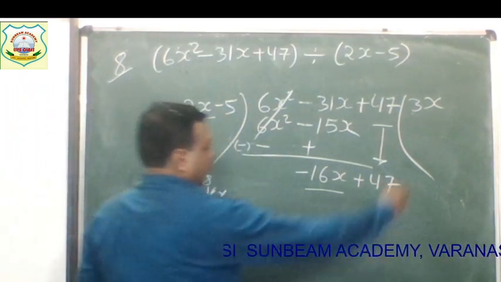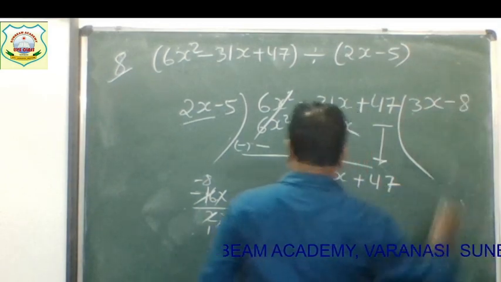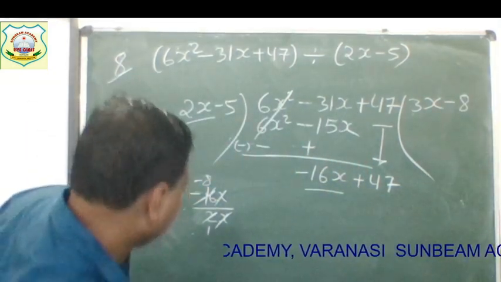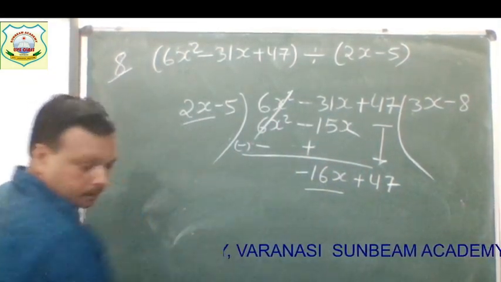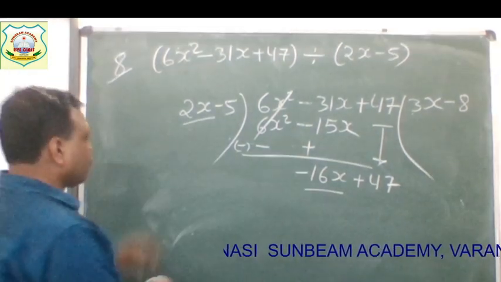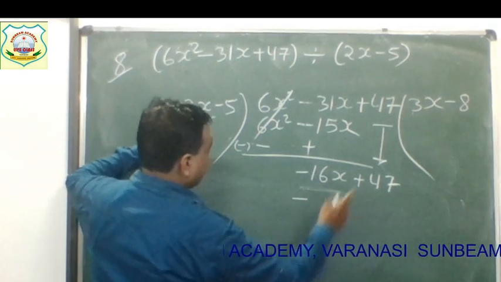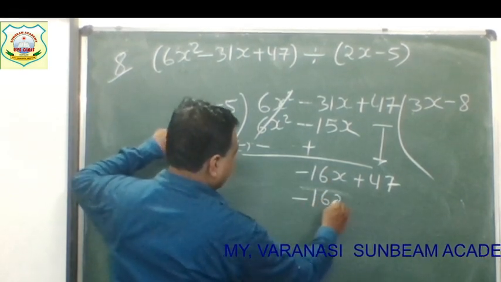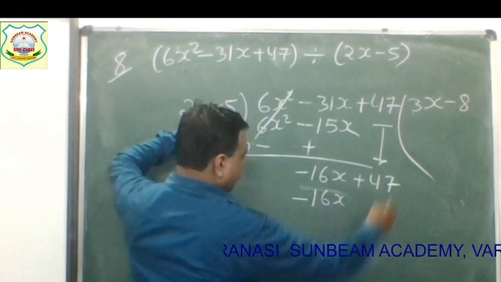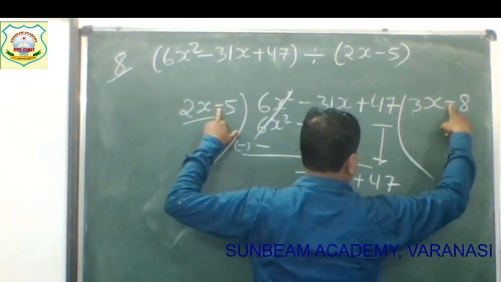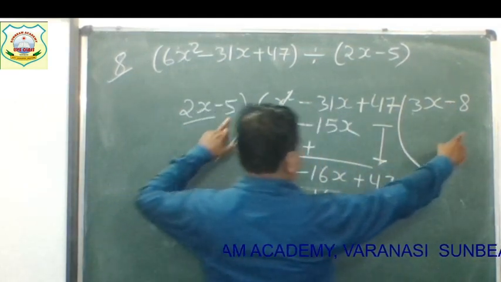Clear? So what will we write here? Minus 8. So minus 8 into 2, minus plus minus. Minus 8 into 2, 16x. Now minus here, here minus also. See students, minus minus plus, 8 times 5 is 40.